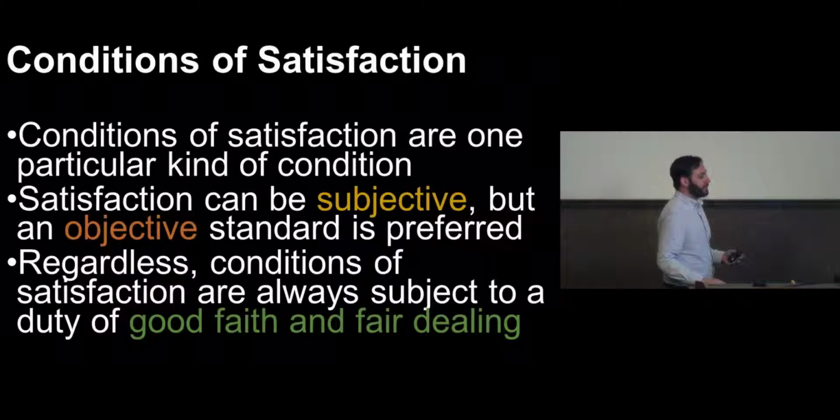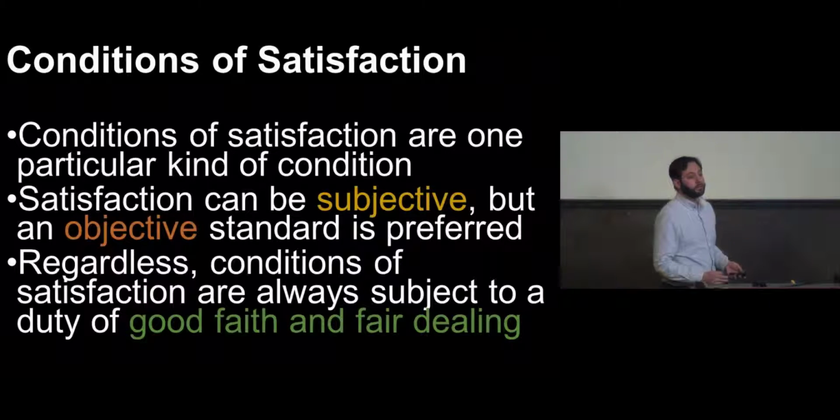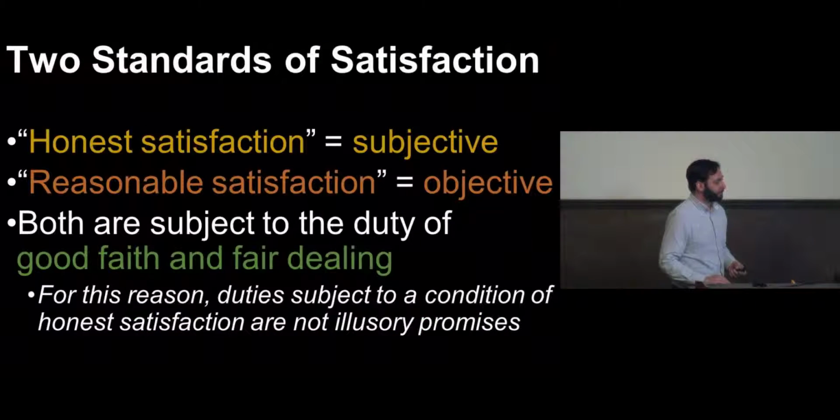Going back to the idea, was the person actually satisfied? Were they honestly unsatisfied? Now, very easily we could see how if a person could claim for any reason or no reason that they were not satisfied and therefore did not have to pay, this could make a contract illusory because the party could then avoid any liability. But the duty of good faith and fair dealing precludes that.